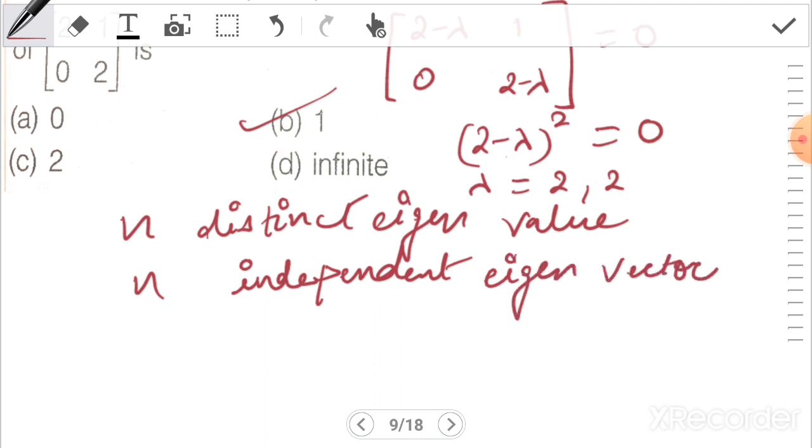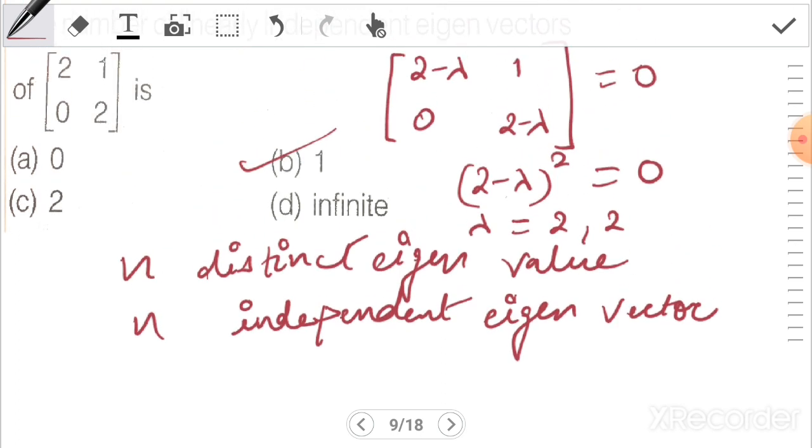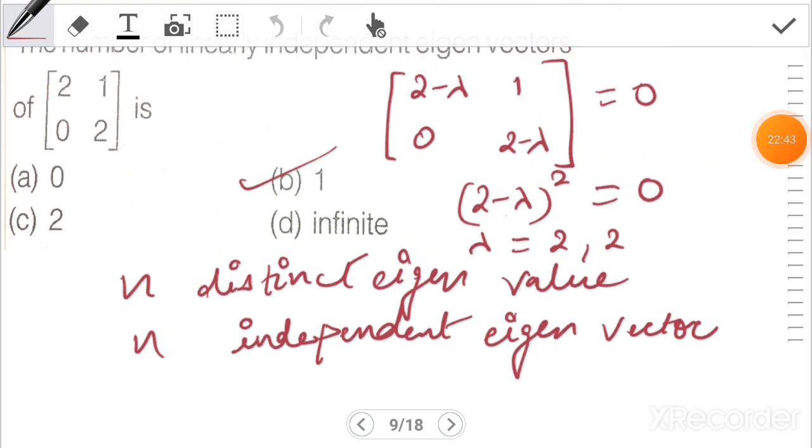But if 2 or more lambda values are equal, then only one linearly independent eigenvector is possible. Clear? Let's go to the next page.